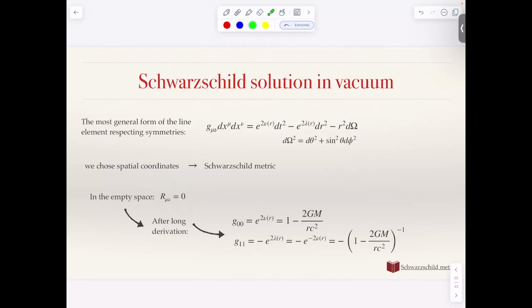What you can show in this case is that the coordinate g00 and g11 are related. No, excuse me, I made a mistake, there is no square.